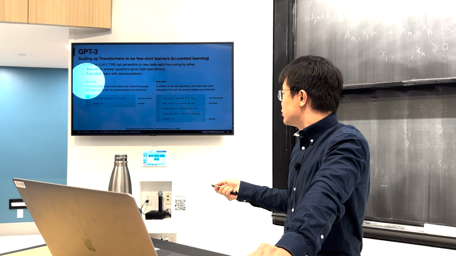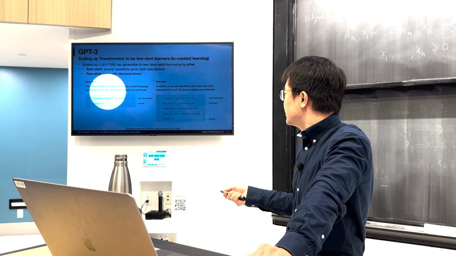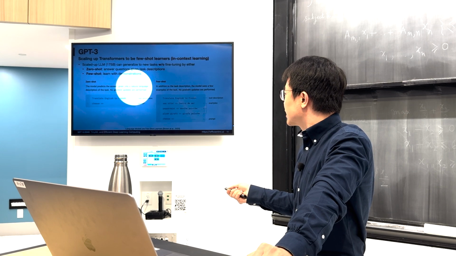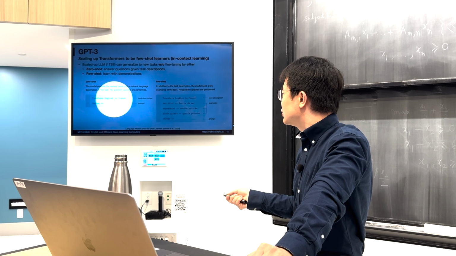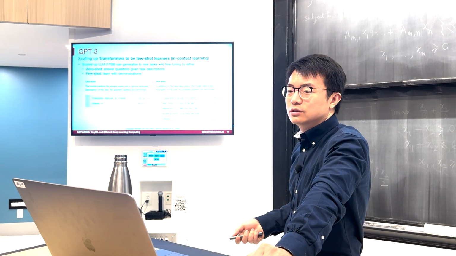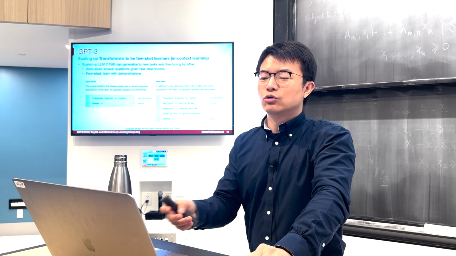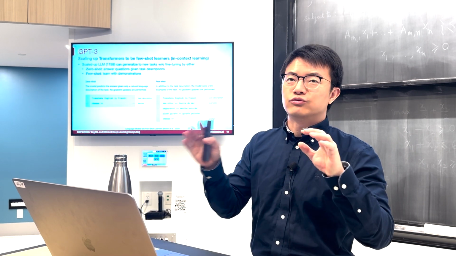For example, this is zero-shot learning: predict the answer, only given a natural language description. Here, the description is translate English to French, and then given the English, it will predict the French. So there is no gradient update. We never trained on many English to French pairs.